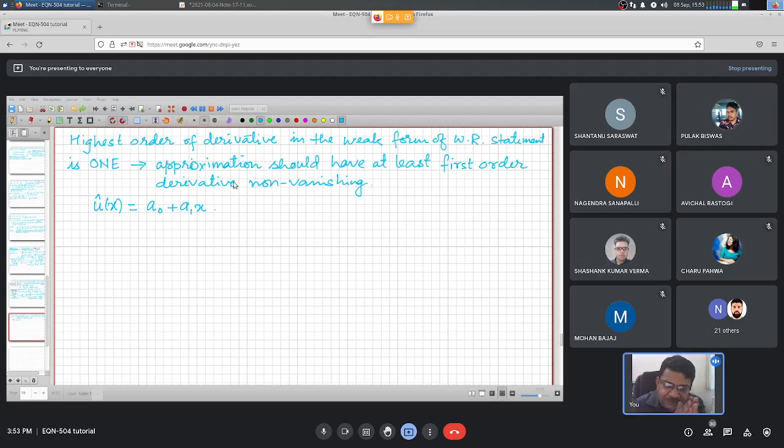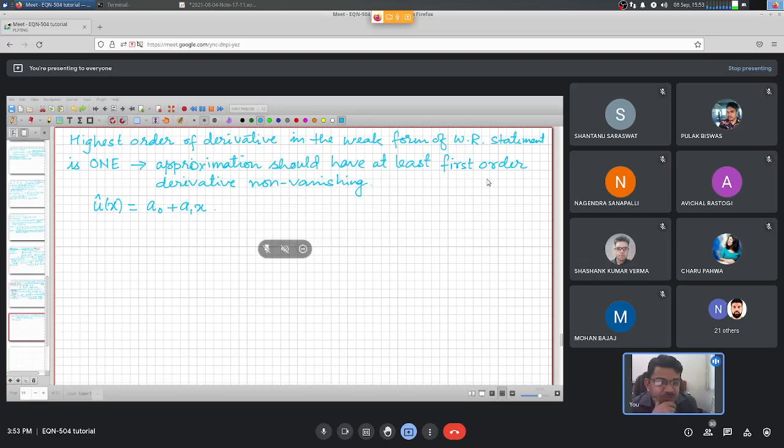See, the first advantage of the weak form is what you will see now. You have seen that the true solution, the analytical solution, for the problem that we are dealing with is a third degree polynomial. But we are trying to find an approximation using a first degree polynomial.